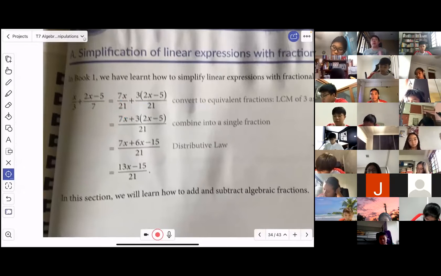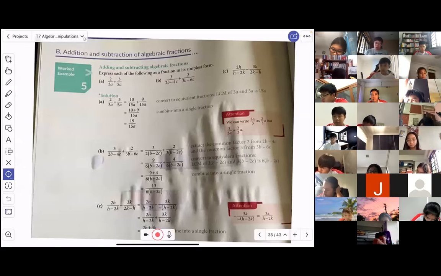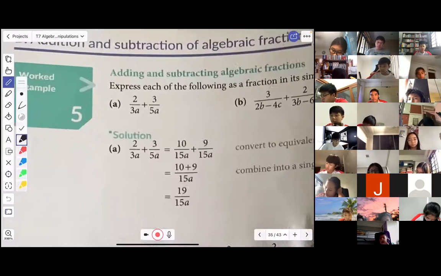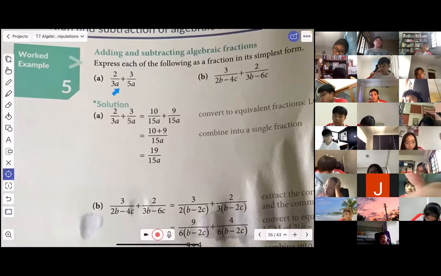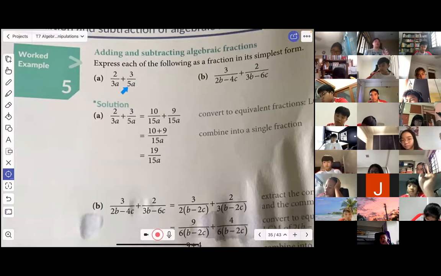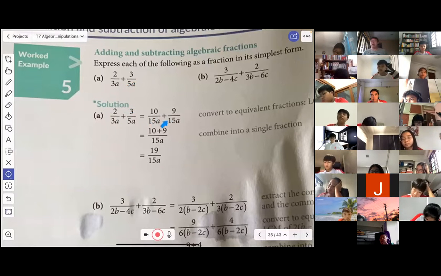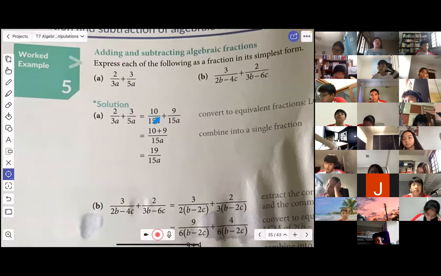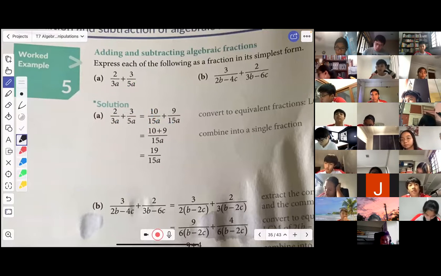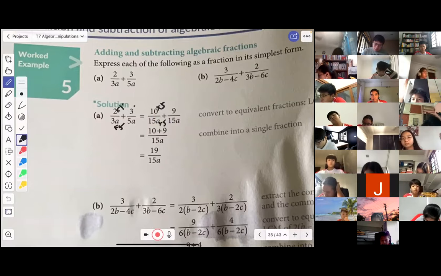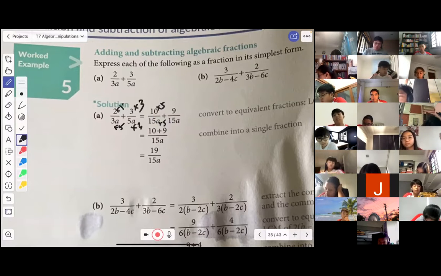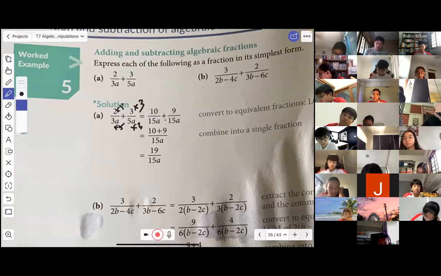It's the same when we look at this chapter. If they are not the same, you try to push for the same LCM. So you can see that, for example, 3A, 5A, I push both to 15A by multiplying by 5 over 5. This one I multiply by 3 over 3. So you can see that I get the same denominator.